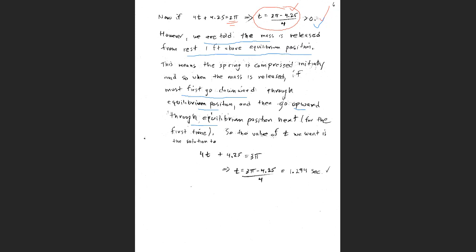So to get the next time, the mass will go down. It passes through equilibrium going downward. It reaches a certain point, and then it springs back up. Okay, so what are we going to have to do then to the 4t plus 4.25 to find that time? What are we going to have to set it equal to?